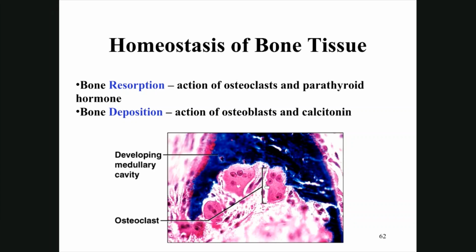I believe I talked to you about an easy way to think of this. So there are two hormones: PTH, parathyroid hormone, and the other one is called calcitonin.